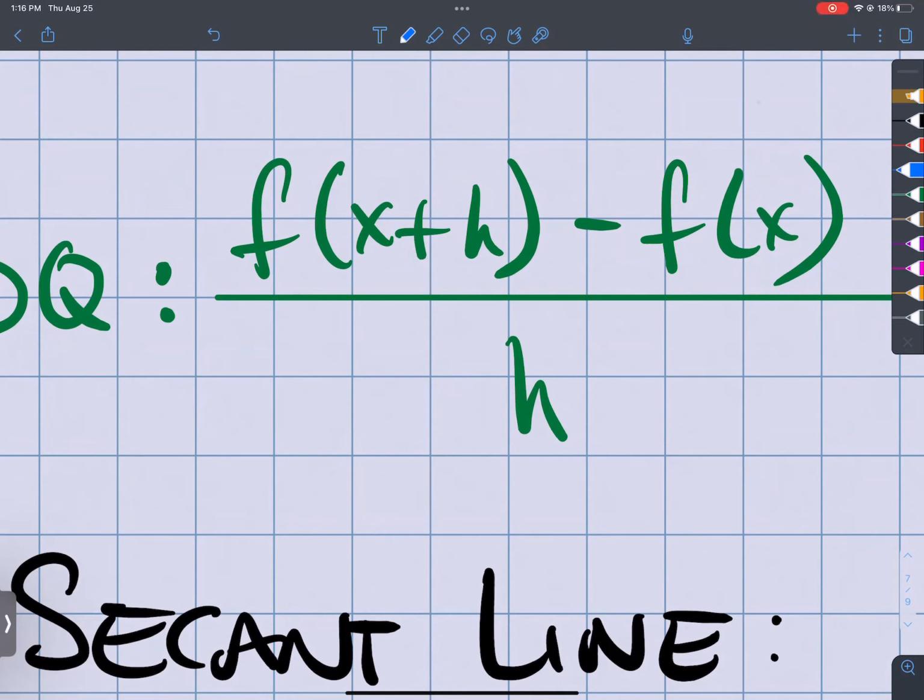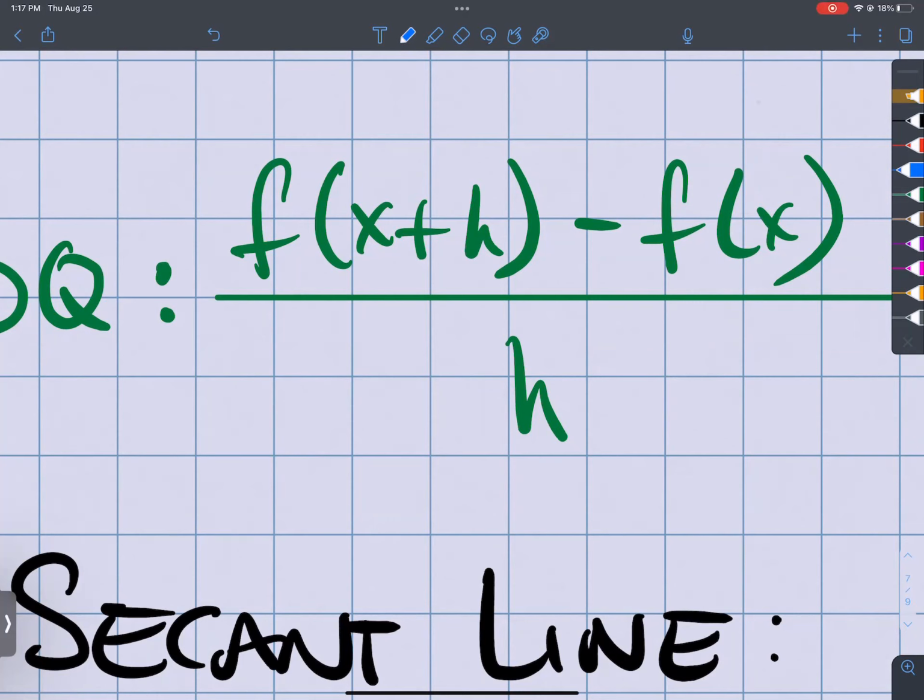In that previous problem that we just did, the distance that we moved just happened to be 2. The h would literally be 2.